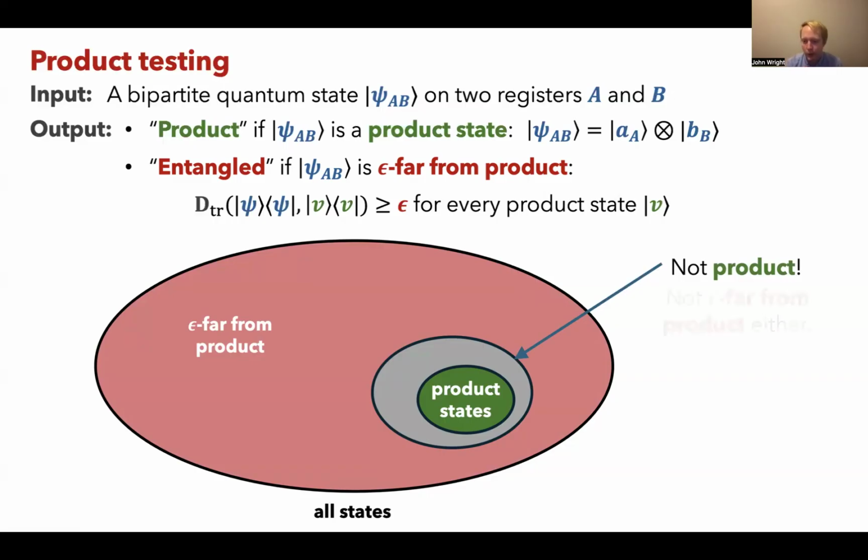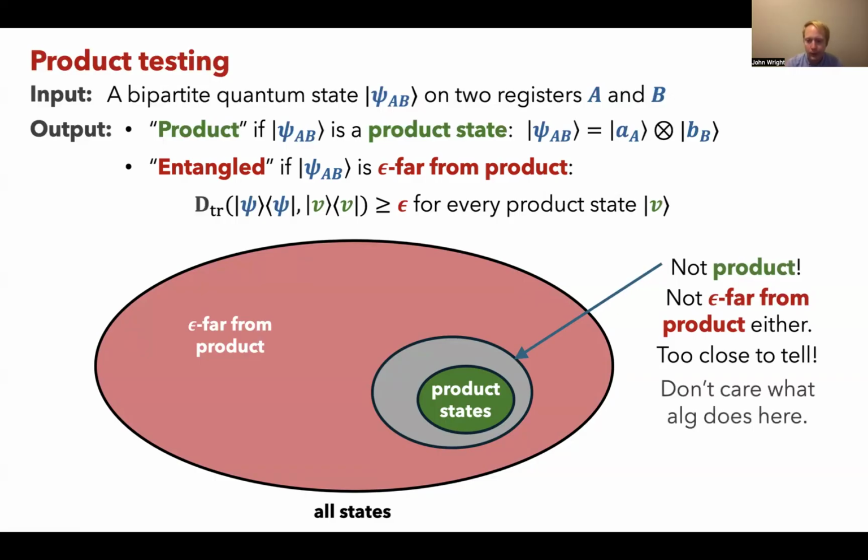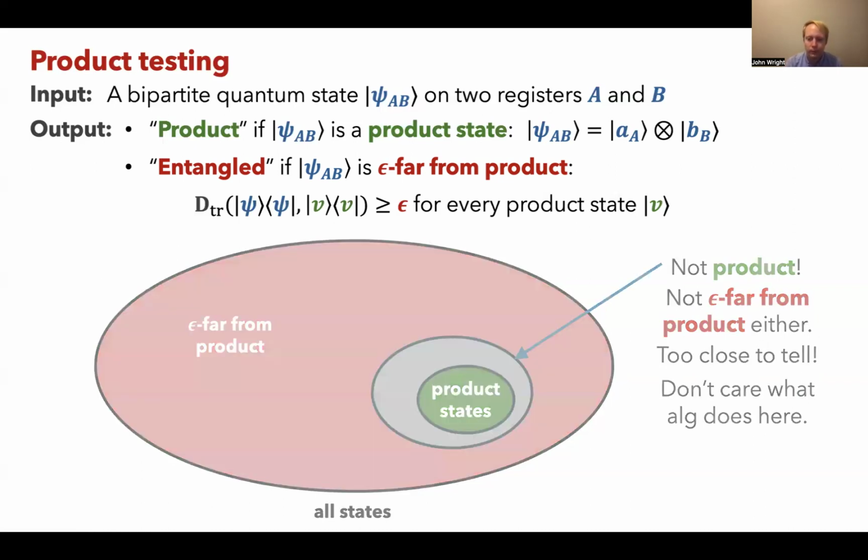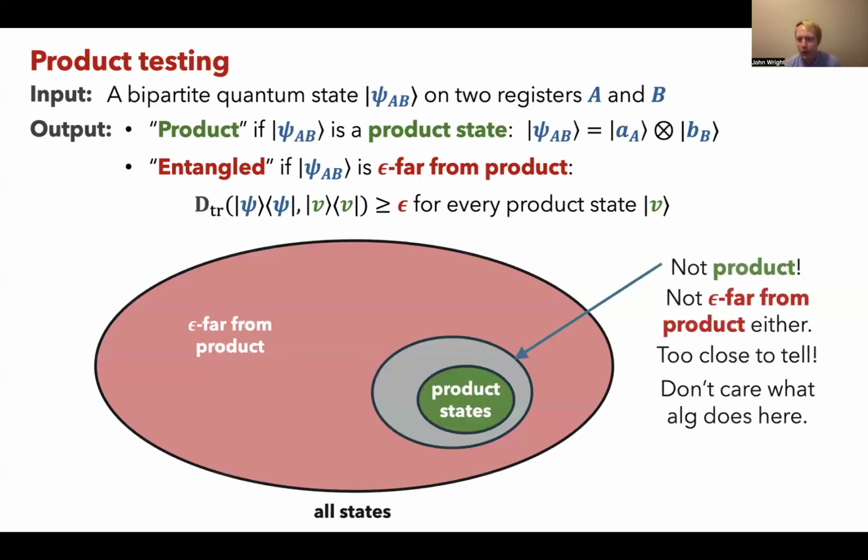So they're not product states, and they're not epsilon far from product either, but they're too close to product states to really tell one way or the other. So even though they're not product states, they're so close that it's going to be unfair to ask an algorithm to tell the difference. And so for states in this gray region, I'm just not going to care what the algorithm does. So this is just operating in the standard property testing model, product testing.